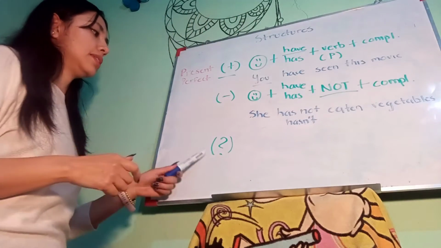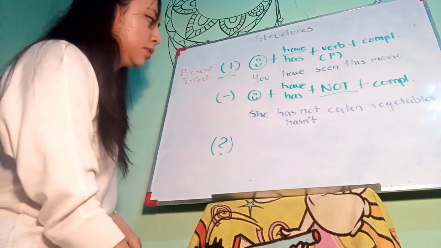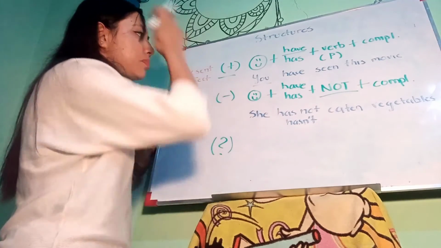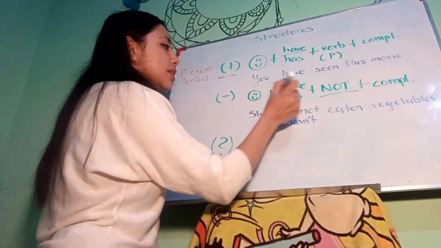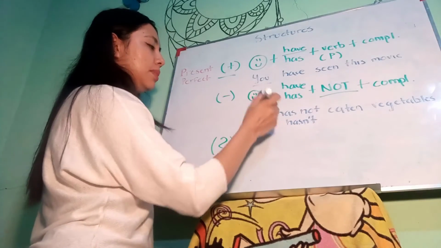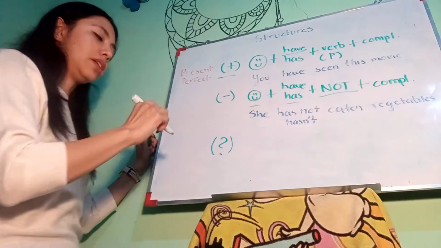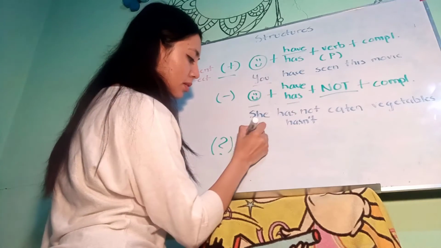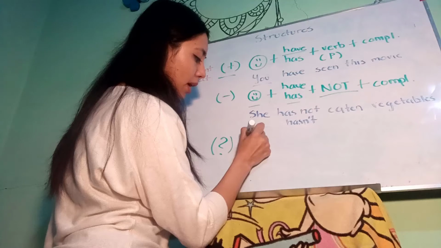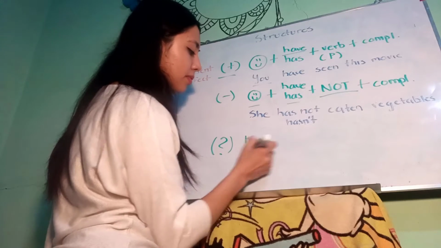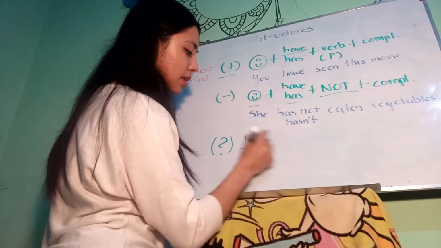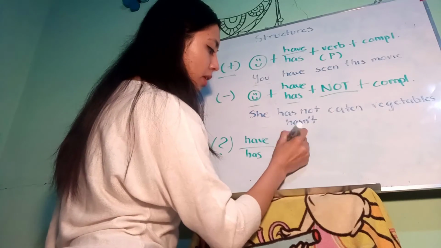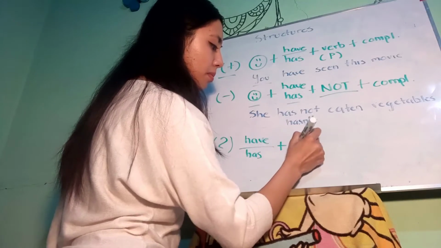Okay, and the last one, the interrogative form. What happened here? We need to change my subject and my auxiliary. So, in the first step, we have have or has plus my subject.